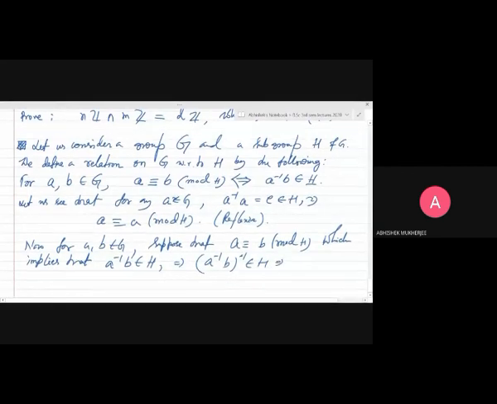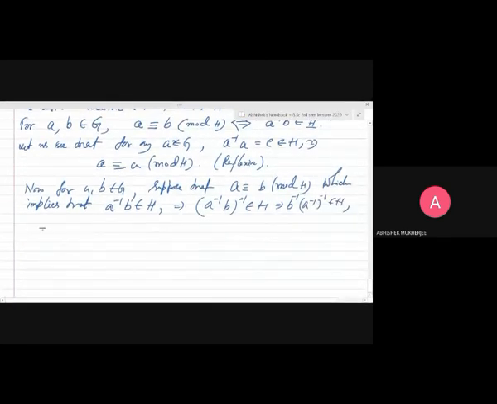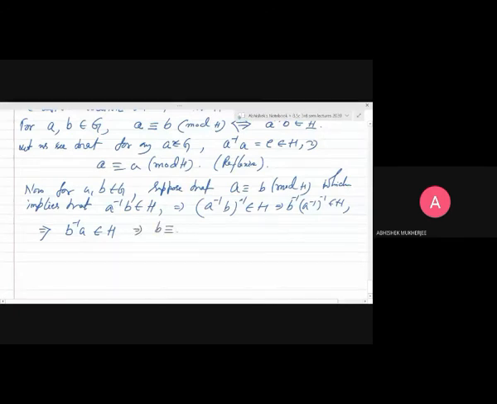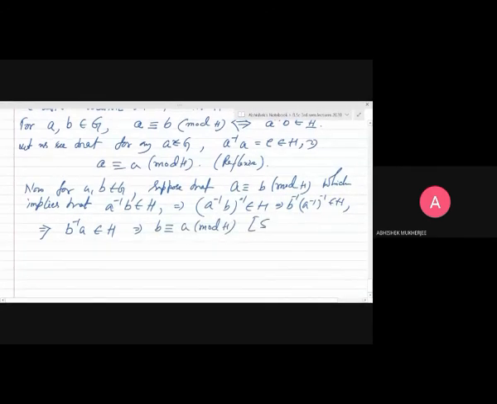That means B inverse of A inverse belongs to H. So B inverse A belongs to H. And that means B is congruent to A mod H. This holds. So it is symmetric.